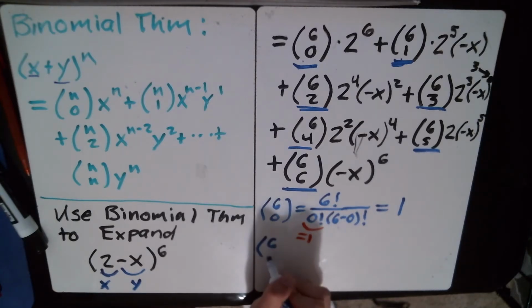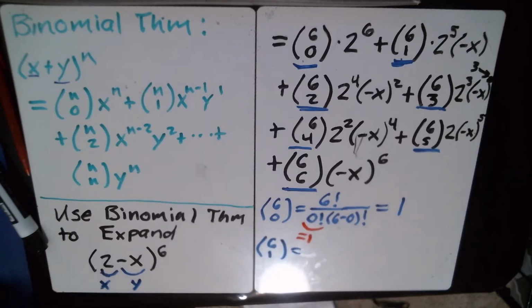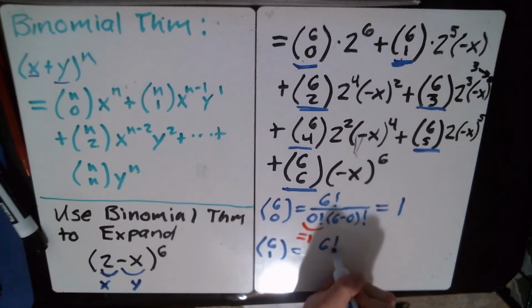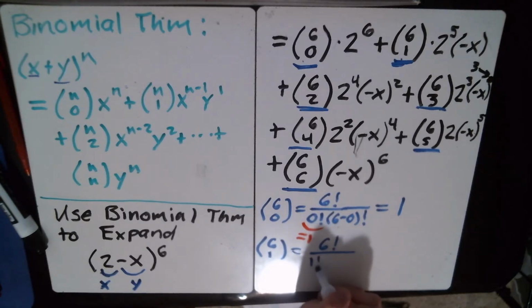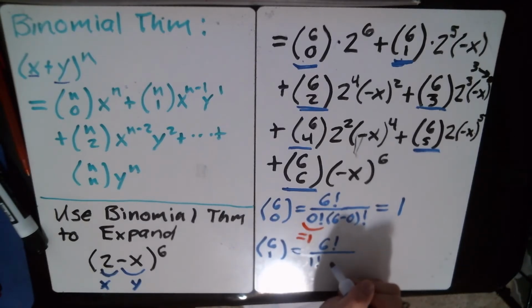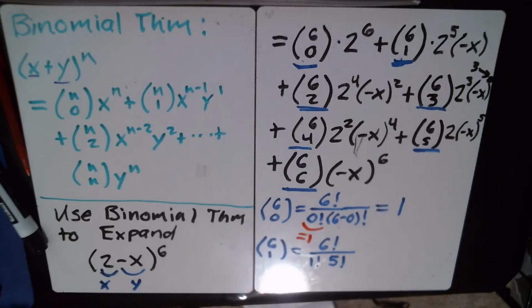Let's do 6 choose 1. We would have 6 factorial divided by 1 factorial, which is just 1, times 5 factorial, the difference between those two.